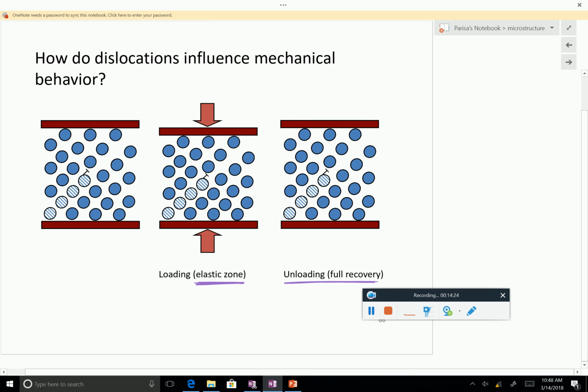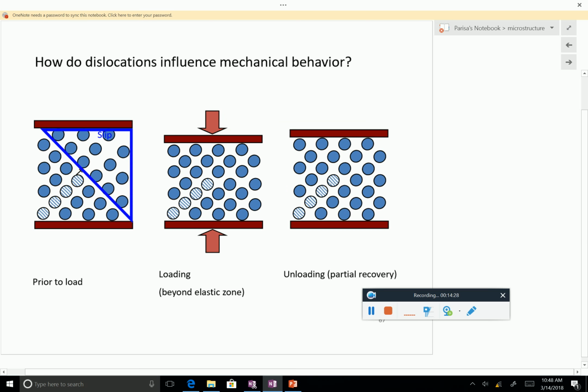What happens if you increase the load? So think about the caterpillar slide. If you increase the load, then it slips. And when it slips, you start from here, you increase the load, the orientation has changed, the dislocation has moved. It's not at the same location anymore.